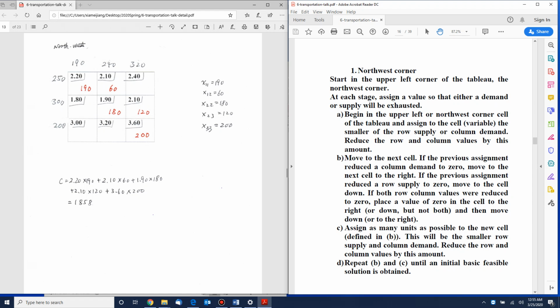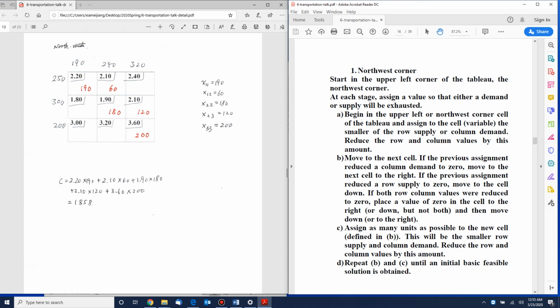So you always start in the upper left corner of the tableau, move along the same row, and fill in the possible amounts. When we finish the first row, we simply move down to the next row in the same column.